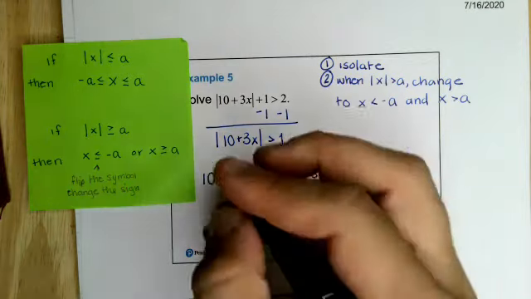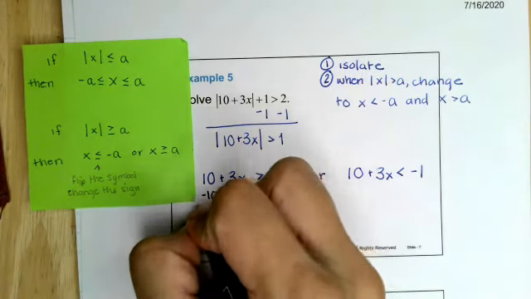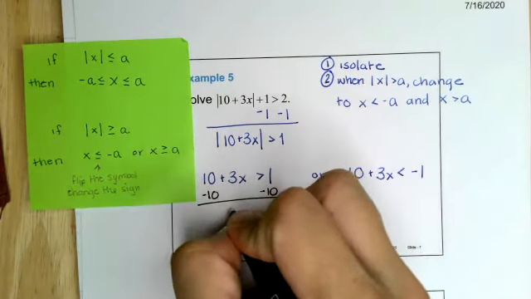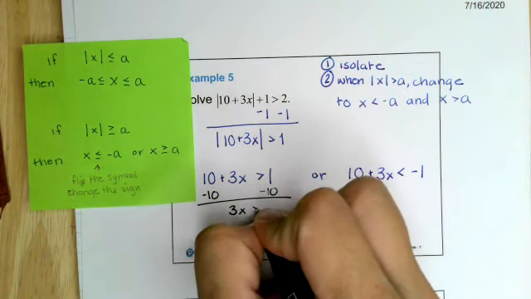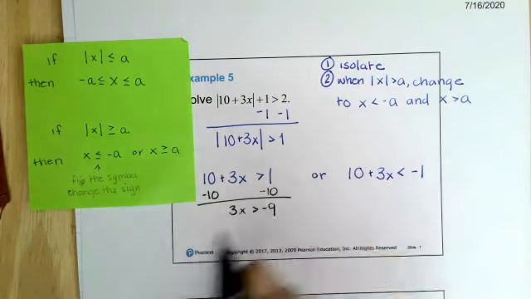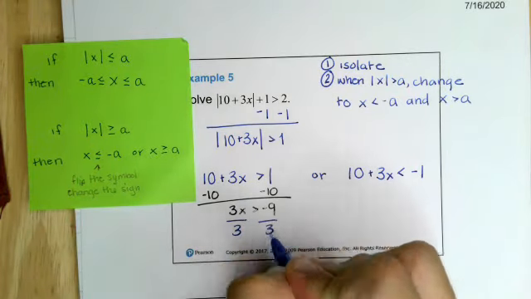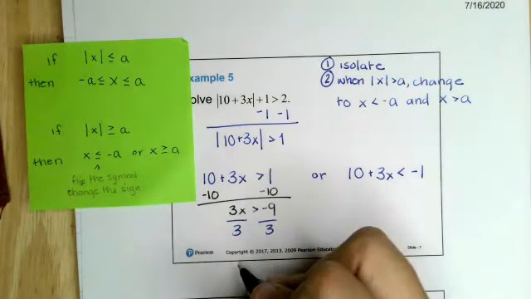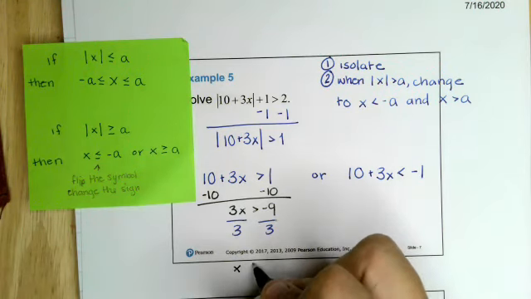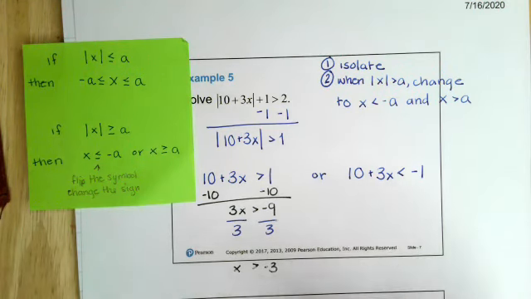All right. Subtract 10, subtract 10. 3x is greater than -9. Divide by 3, divide by 3. X is greater than -3. Let's check that.